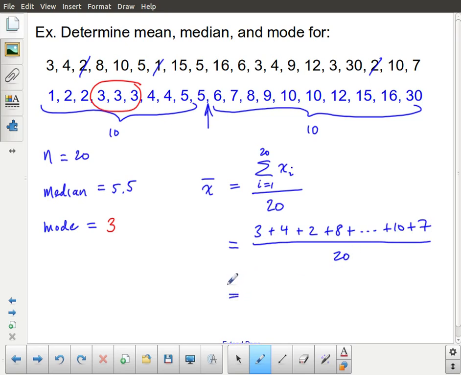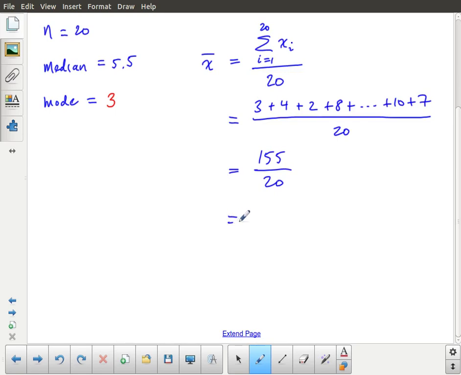I don't always do this, but thankfully this time I have done this, which is the sum of the data values is 155. That's all divided by 20, and we end up with a mean of 7.75. So there is my mean, median, and mode for this data.